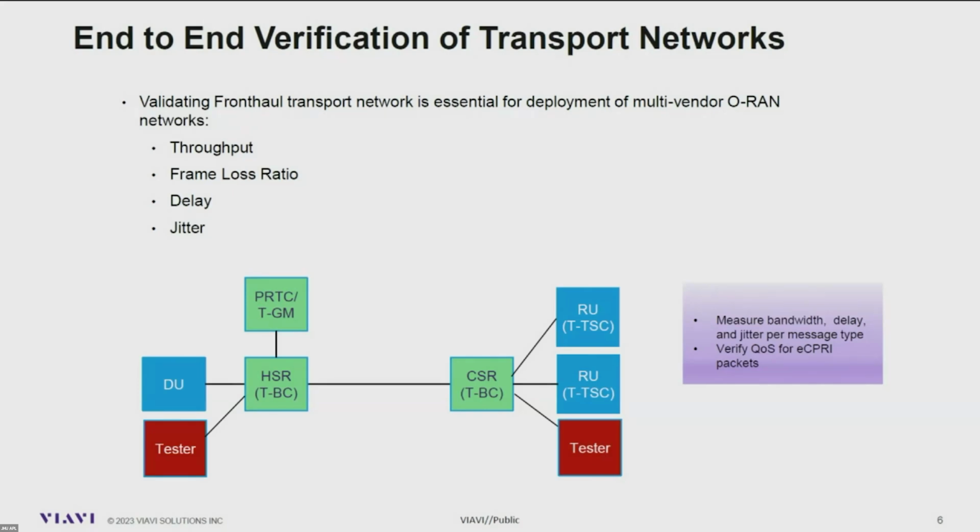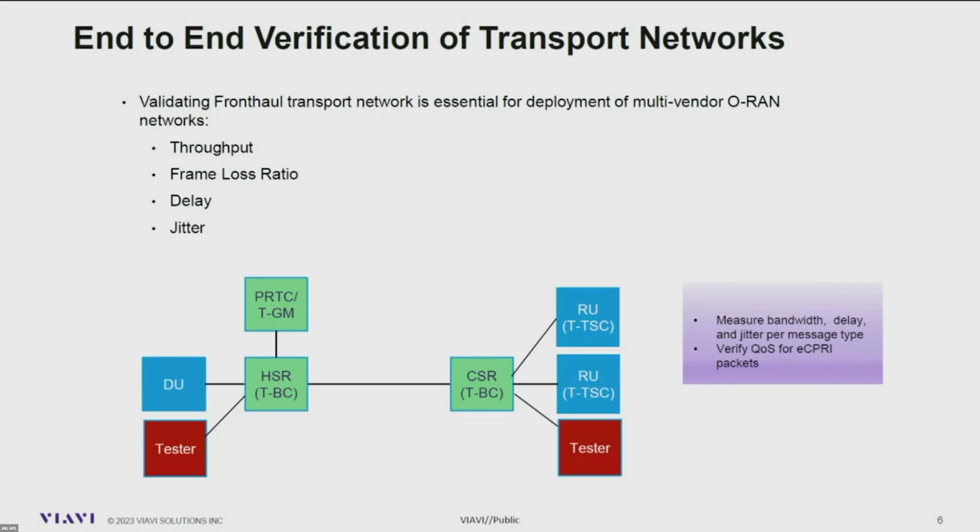So the Open RAN specifications have defined limits for the one-way frame delay from DU to RU. In our work group, we set 100 microseconds one-way frame delay from here to here. Some vendors may have slightly higher values, but those are the things to watch for. Make sure the throughput is okay, there is no excessive frame loss, and that delay is not excessive.